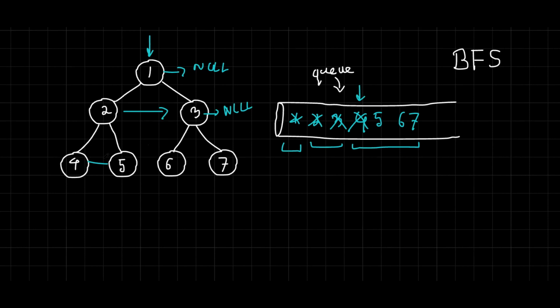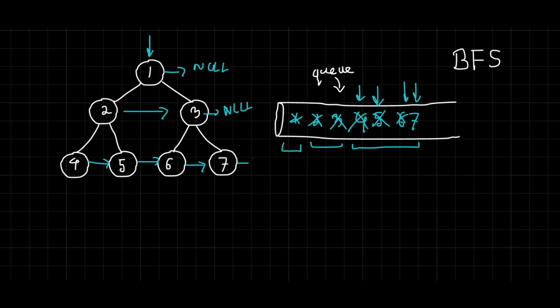And we have to connect it to 5, which is the front element of the queue, because 4 is not the last element of its level. Similarly, currently we are at this node 5. So 5 is connected to 6 and 5 is removed. Now we are at this element 6, and 6 is connected to 7 and 6 is removed. Now we are at this element 7. Is 7 the last element of its level?